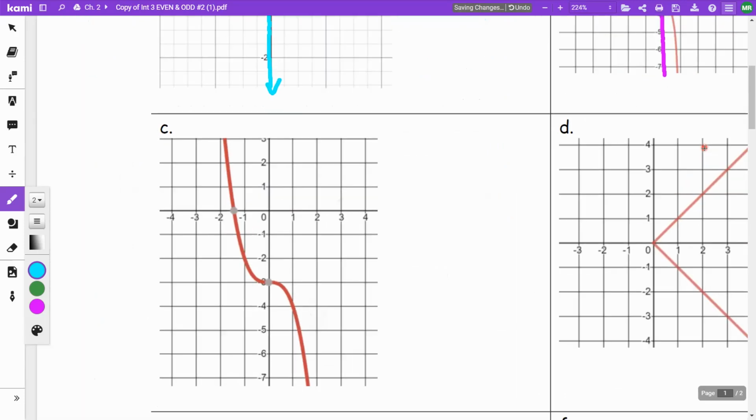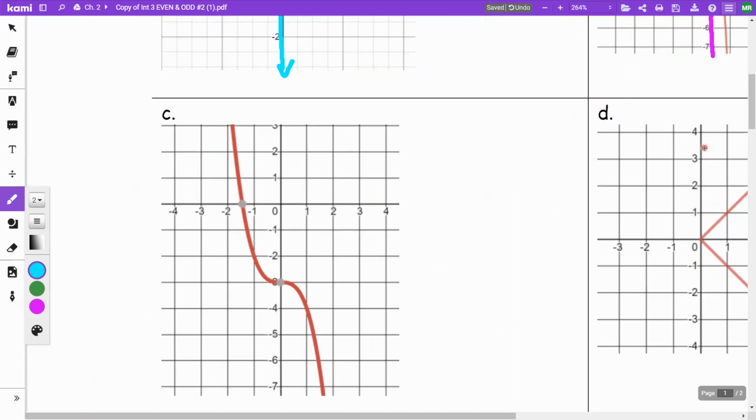On letter C, again, this is a type of graph that generally would be odd if it was centered at the origin. That's the origin. So if I was to rotate it about the origin, you're going to see that this point here, which is at 0, -3, is going to end up now up here at 0, 3.